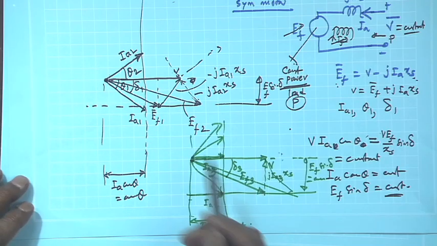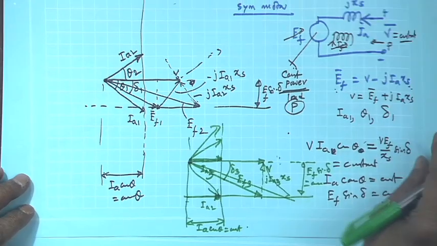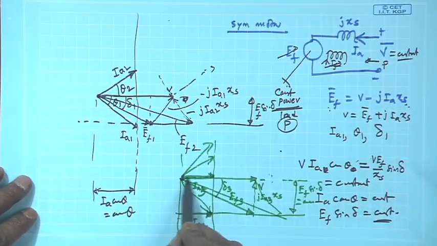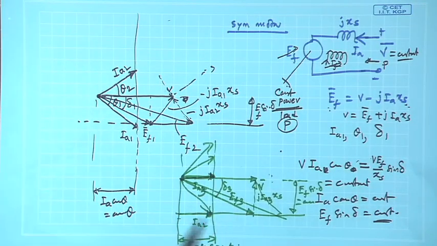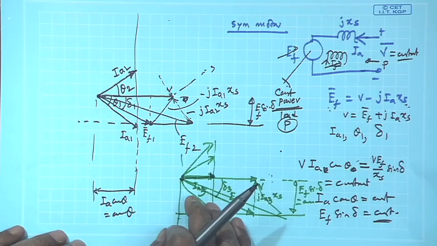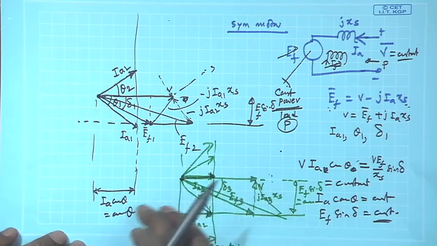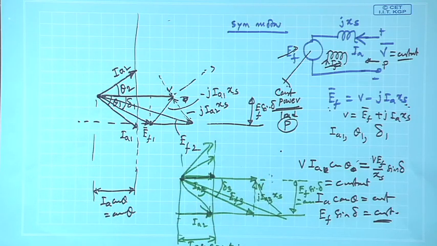So, once again one can draw a sort of, so armature current will be minimum at unity power factor operation, and it will be of course higher whether it is under excited or over excited.